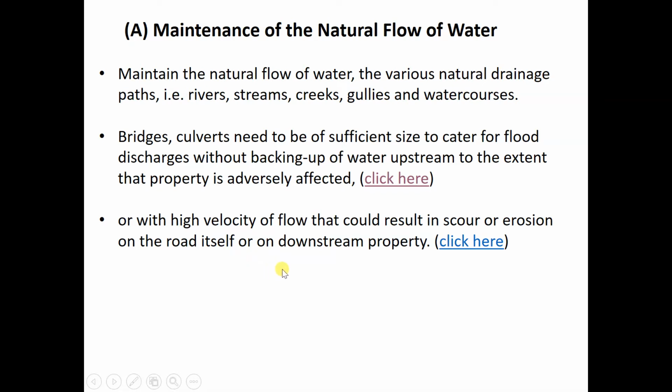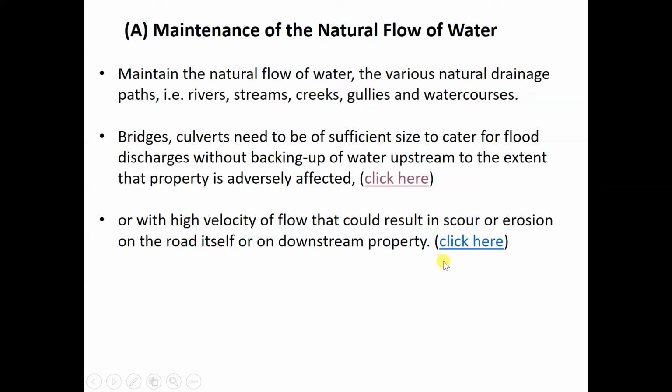For the drainage structures, whether it's a bridge, a culvert, or even the drains, we have to make sure that the velocity is not too high, because high velocity of flow can result in scouring or erosion of the road. If the discharge is so heavy, it could potentially wash away the whole road.